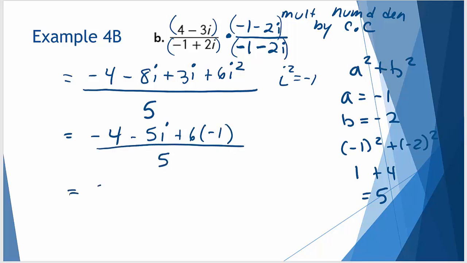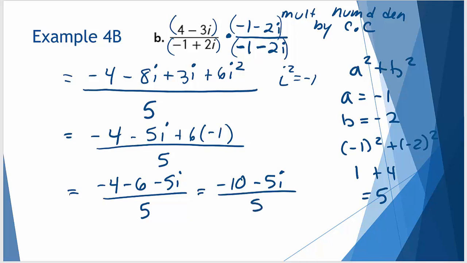I will take -4 and collect that with -6, minus 5i. So -10 minus 5i all over 5, which is the same as -10 over 5 minus 5i over 5, which simplifies to be -2 minus i. And that's our final answer.